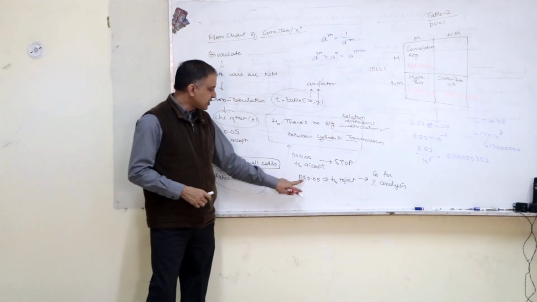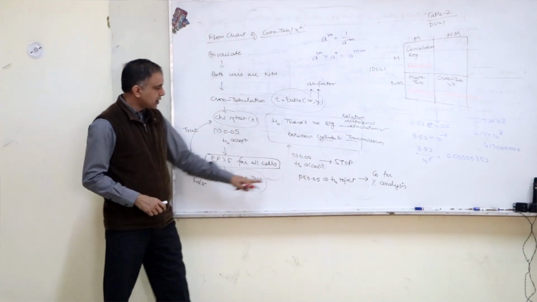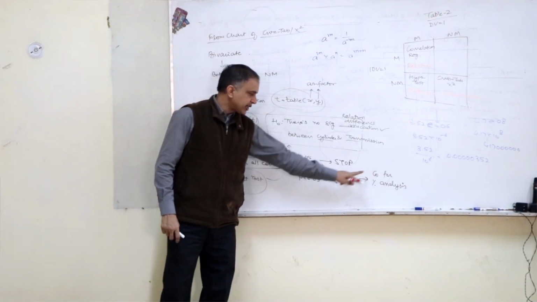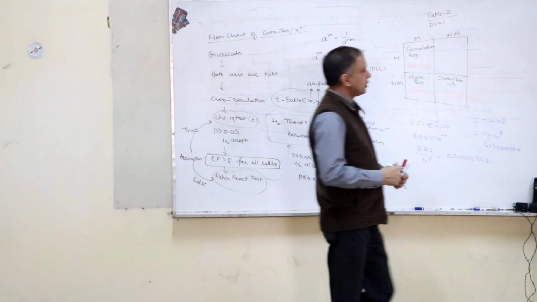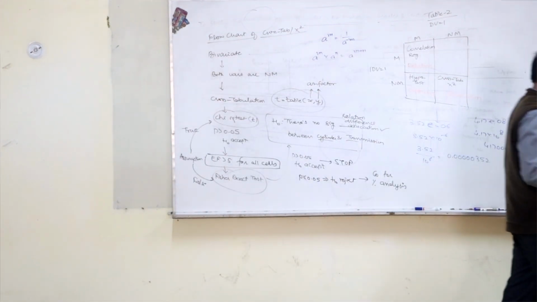But if P is less than 0.05, it means null hypothesis is rejected, then go for the percentage analysis. Percentage analysis means now we go for two sorts of stuff.